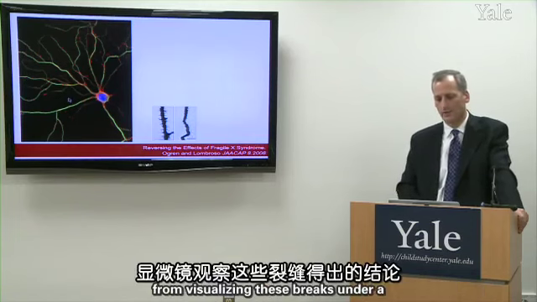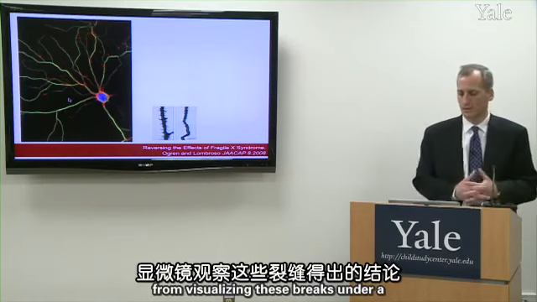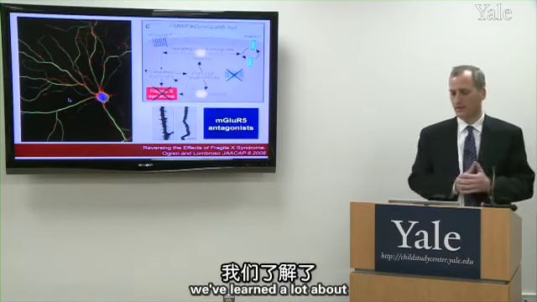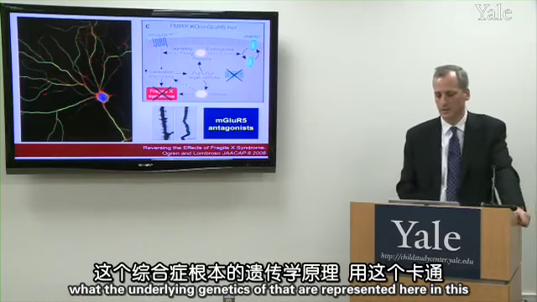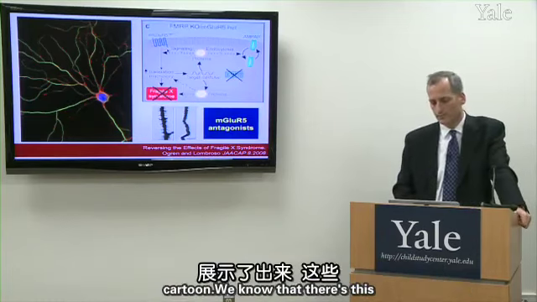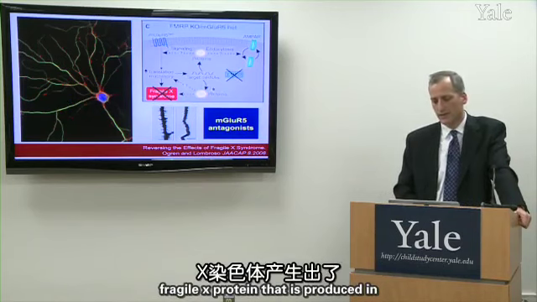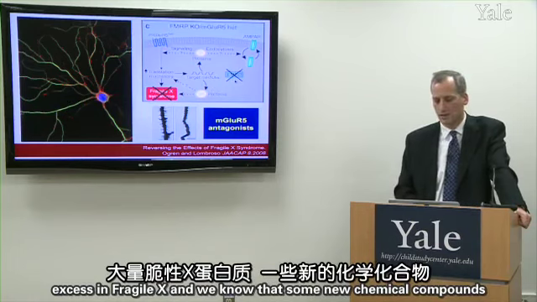We know that from visualizing these brains under the microscope. But over the last couple of years, we've learned a lot of what the underlying molecular genetics of that are, represented here in this cartoon. We know that there's this Fragile X protein that is produced in excess in Fragile X.